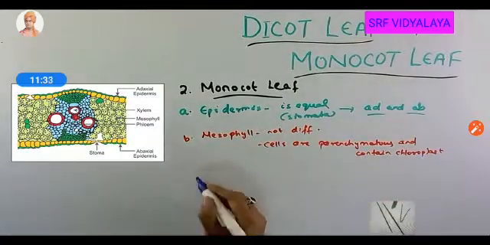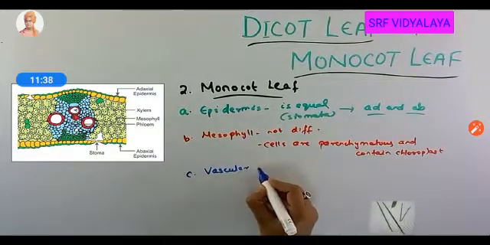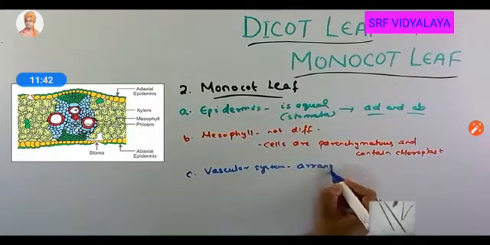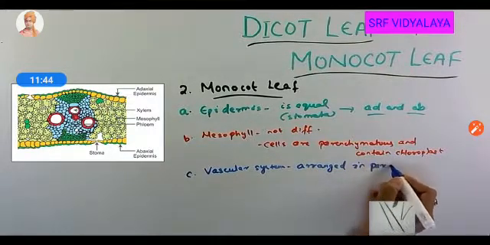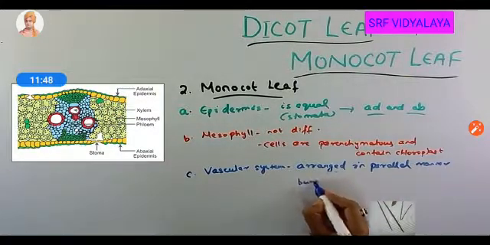Coming to the vascular system, the vascular bundles are arranged in a parallel manner, and the bundles are covered with bundle sheath cells.